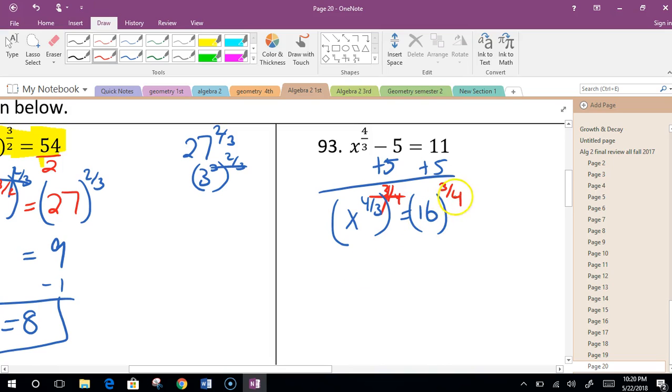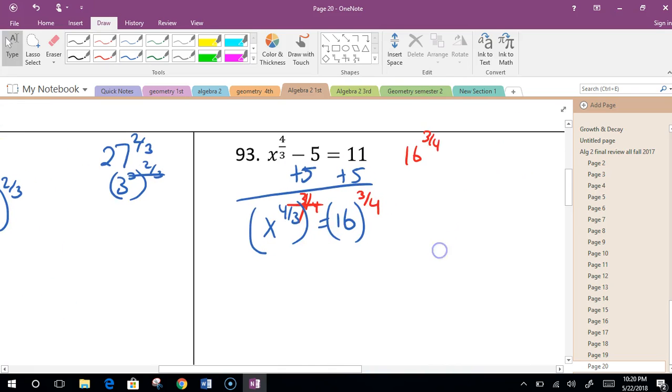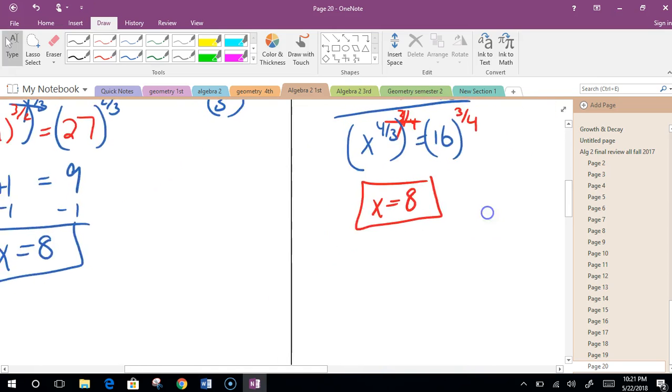Well, 16 to the 3/4, we'll just write it over here. 16 is 2 to the 4th, to the 3/4. The 4's will cancel. 2 to the 3rd would end up giving us 8, so I would get an answer again of x equals 8.